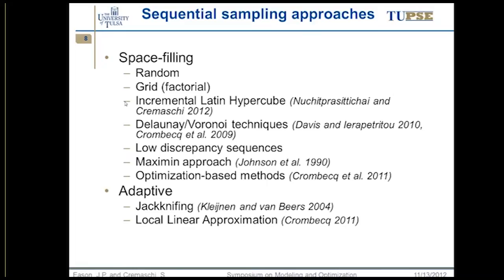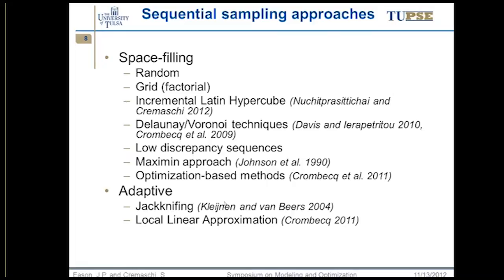As we get above 6 dimensions, these become prohibitively computationally expensive. Low discrepancy sequences have been proposed and used quite frequently, such as the Halton sequence and the Sobol sequence. But recent comparative works have shown that these don't hold up as well against some of these other methods.